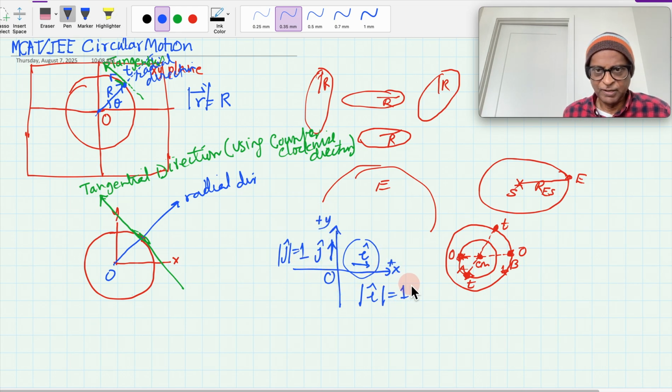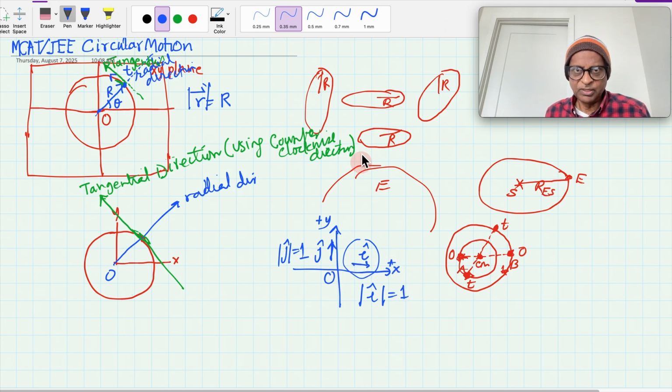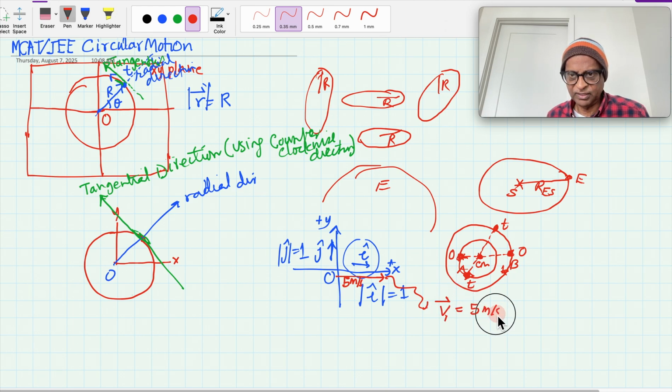If you had a vector of magnitude 5, say a 5 meter per second velocity pointed in the x direction, let's call it v1. This velocity will be 5 meter per second times i hat. This is a strange product. You can't multiply them; there are two different properties, the direction and the magnitude.